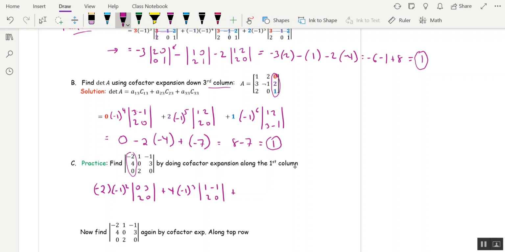And then plus 0. So I'm not even going to compute that subdeterminant. So this is negative 2 times 0 minus 6, negative 6. And then minus 4 times 0 minus a negative 2 would be positive 2. So we get 12 minus 8, which is 4.